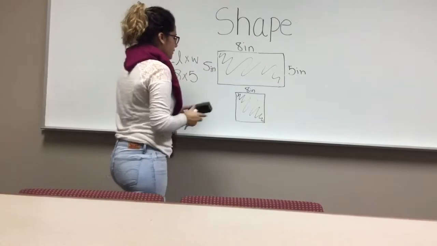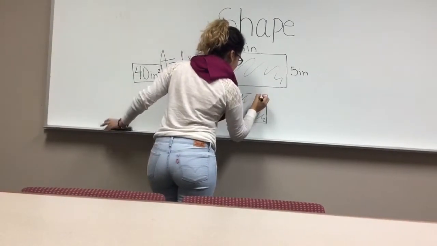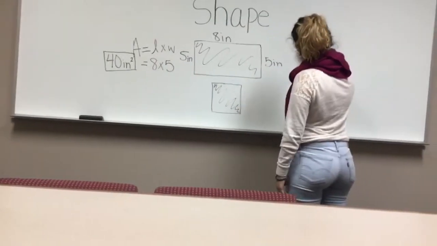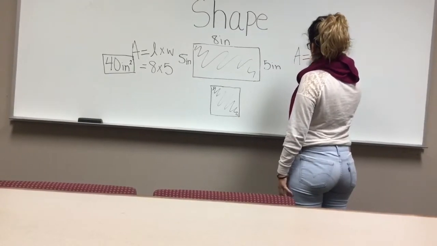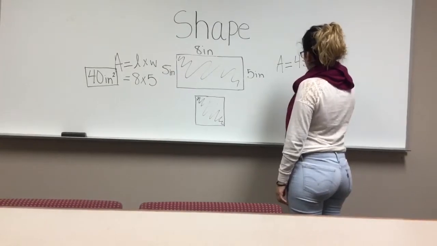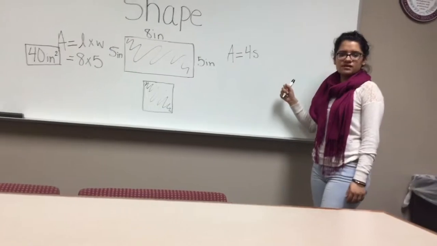And now for the square, our formula would be A equals 4S. The S stands for side. Do you guys have any questions so far?